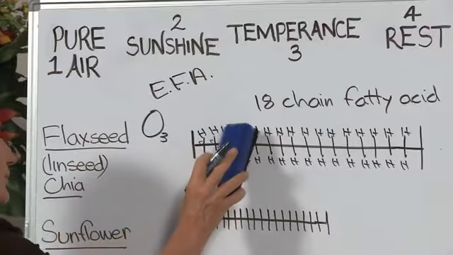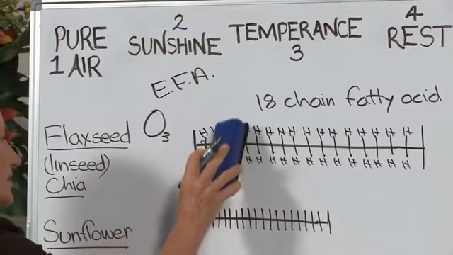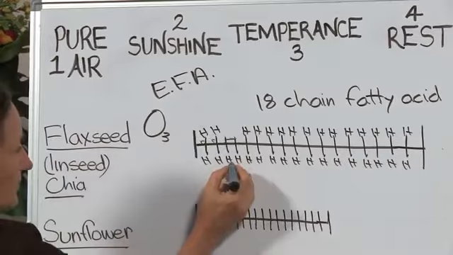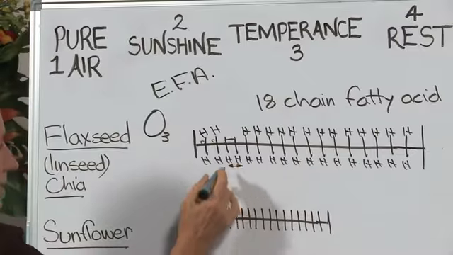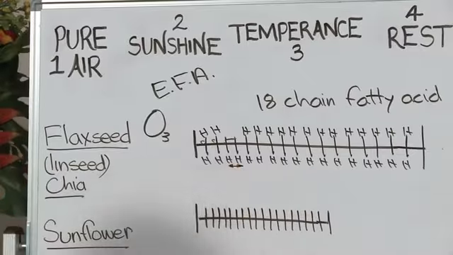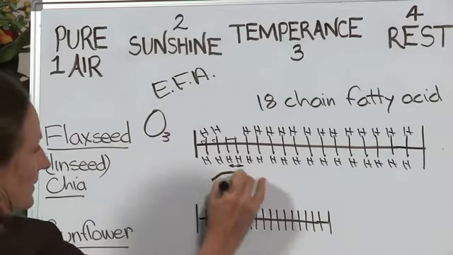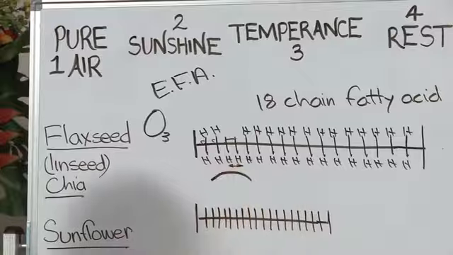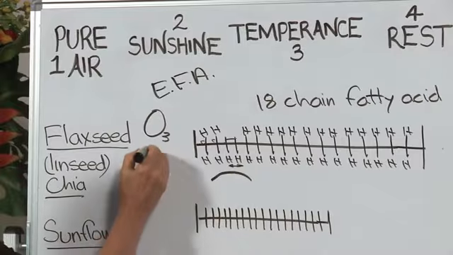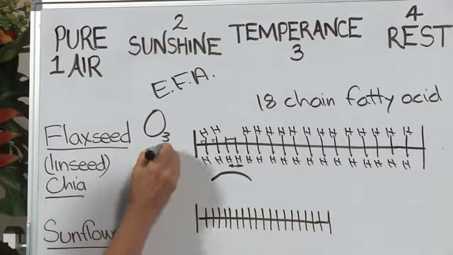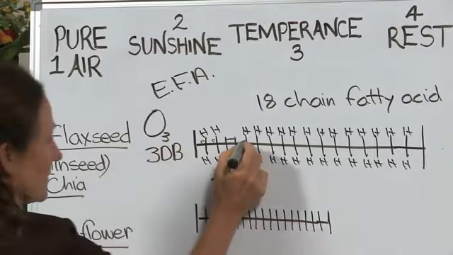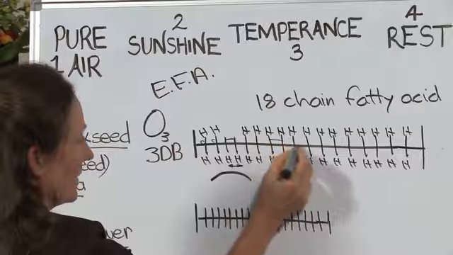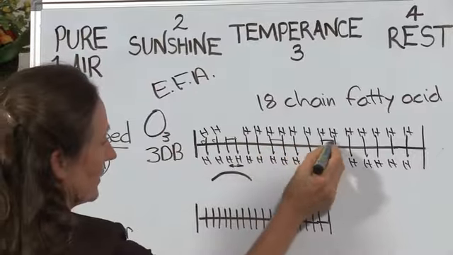And whenever you get a double bond, these hydrogen atoms go, and the hydrogen atoms underneath develop an electromagnetic field between them. As a result, they start to repel each other, and that causes a kink in the chain because of this repelling action. In the omega-3 found in flaxseed and linseed, there are 3 double bonds. So 1, 2, 3, we've got another one there, 1, 2, 3, and we have another one there.